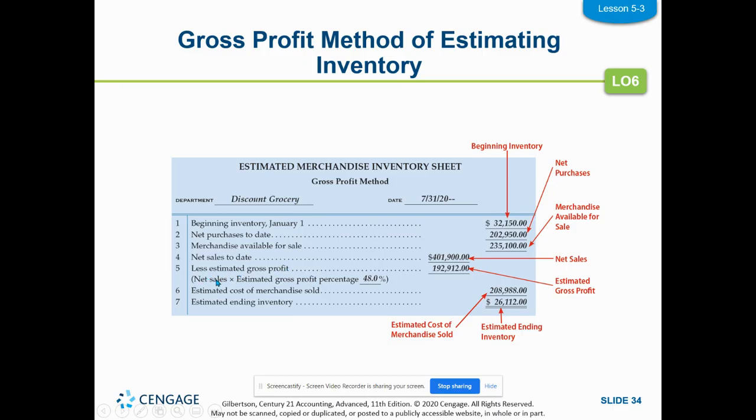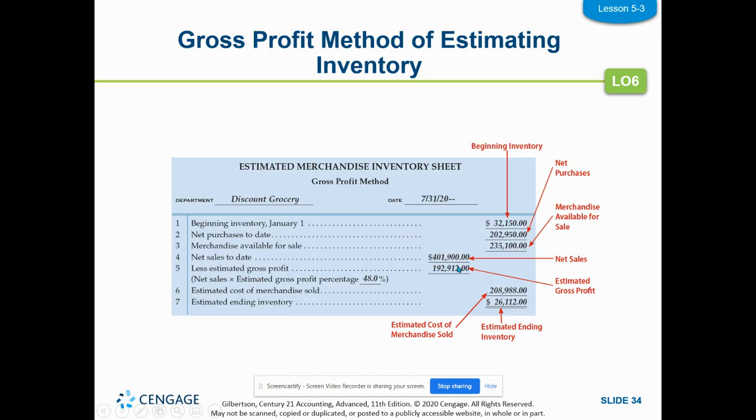Down here, we have our net sales times our gross profit percentage, and they told us that it was 48%. Then we have our estimated cost of merchandise sold, and then our estimated ending inventory.